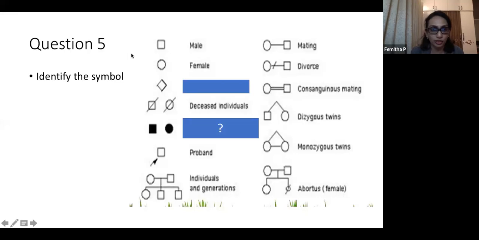Gender unknown is the first one. That is the diamond that you're seeing. You need not call it ambiguous. You can just say gender unknown or unspecified. That's correct. And the second one, the black ones, is diseased or affected. That's right. Disease or affected.